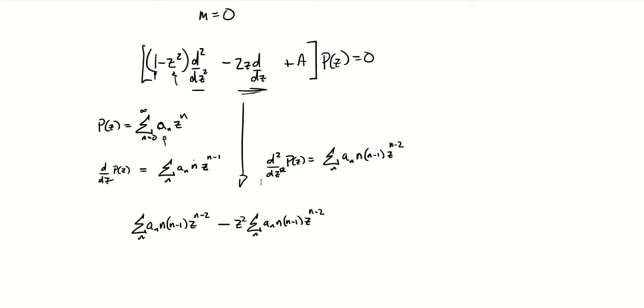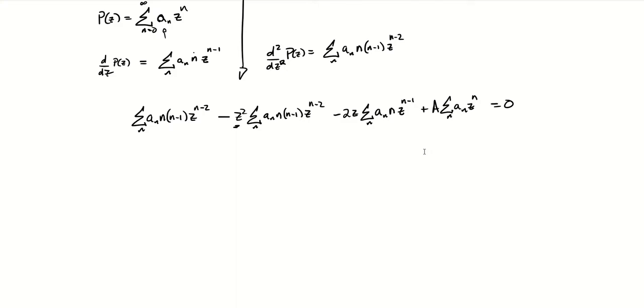The third term is minus 2z times the sum over n of a sub n times n z to the n minus 1. And then this final a term is plus a times the sum over n of a sub n z to the n. Right, and all this is equal to 0.